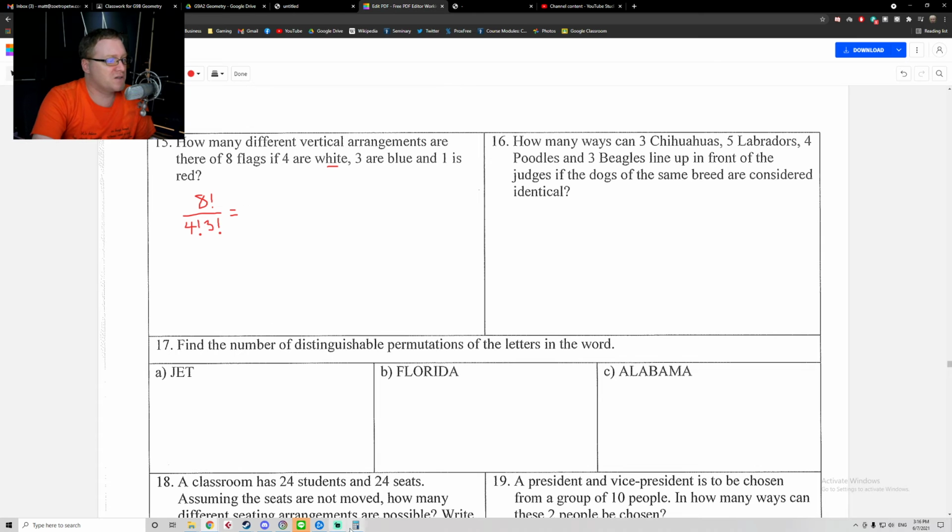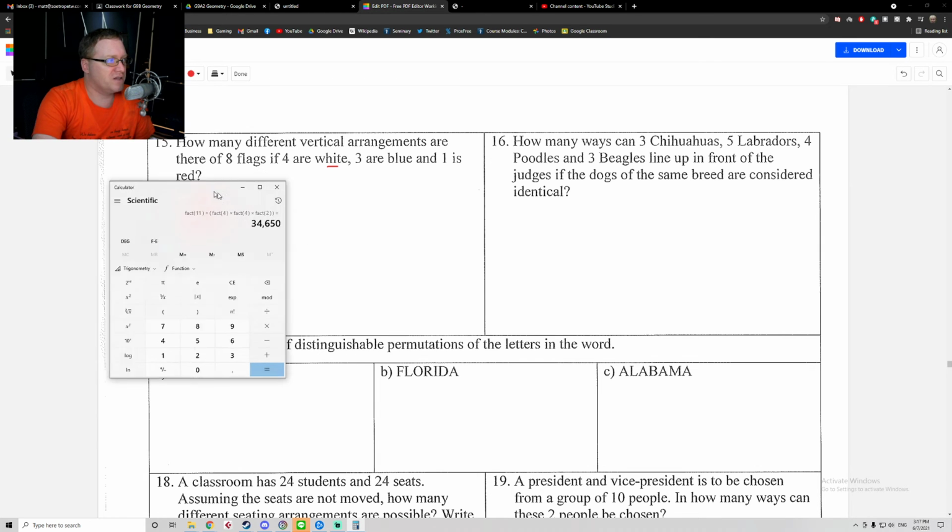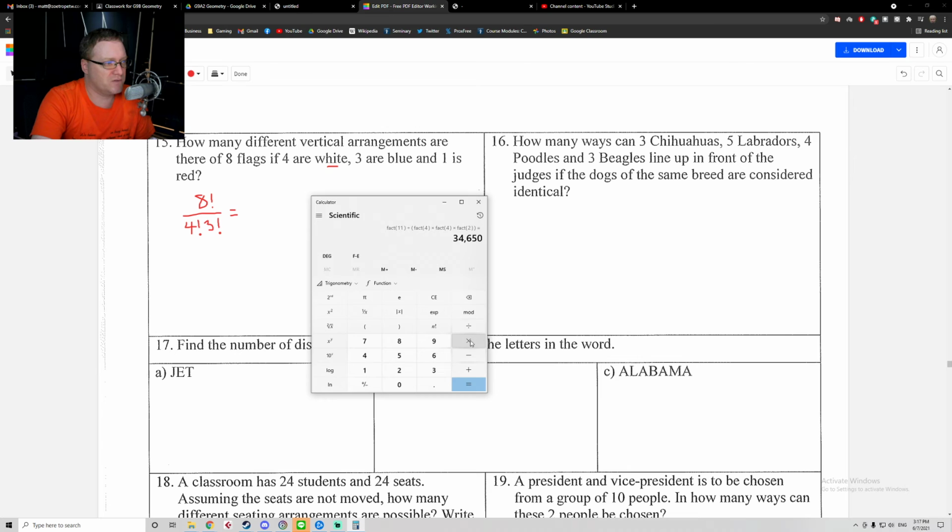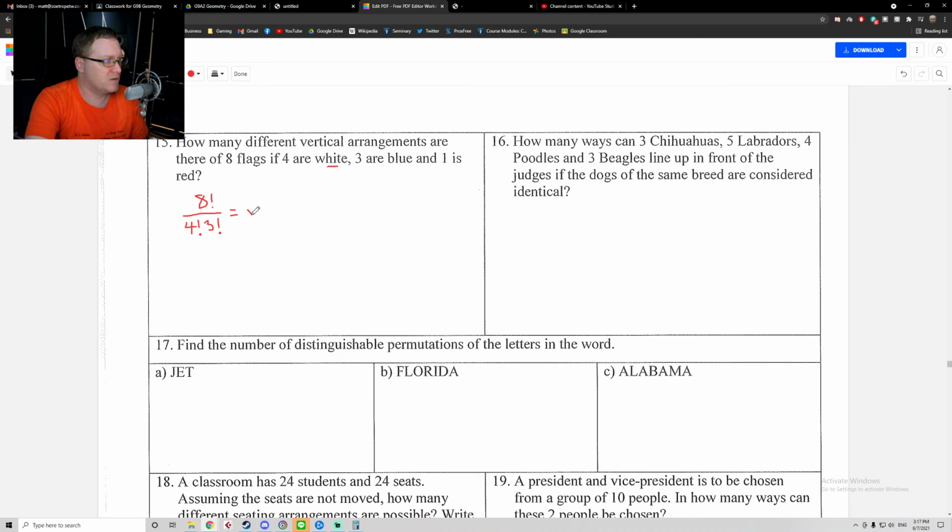So the answer is 8 factorial divided by 4 factorial times 3 factorial. On the calculator: 8 factorial divided by, in parentheses, 4 factorial times 3 factorial. Close the parentheses and hit enter, and we get 280. It's kind of ugly.